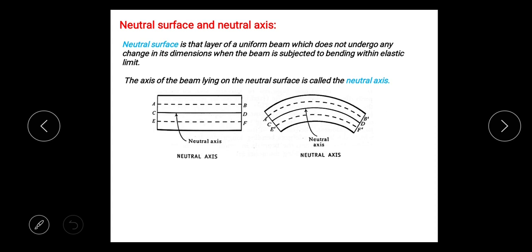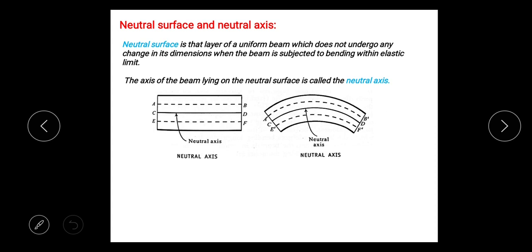Next concept under this, neutral surface and neutral axis. Now I will go for neutral surface.